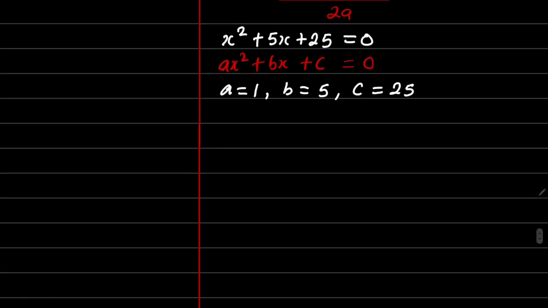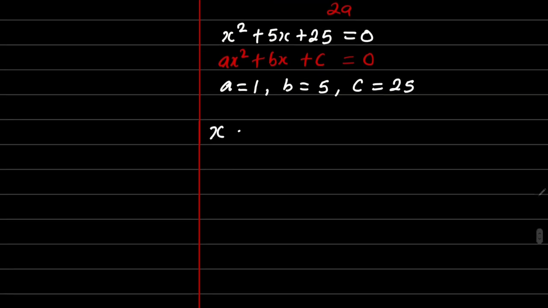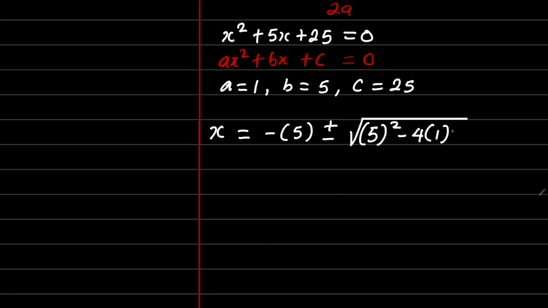That is a constant. So we substitute in the equation, so that I'm going to have minus 5 here, plus minus root of 5 squared, minus 4 into 1, that is a, then 25.